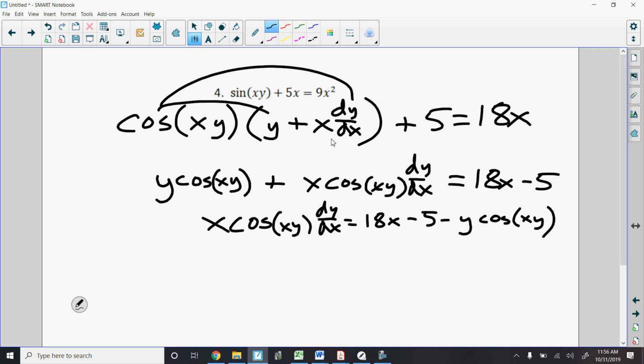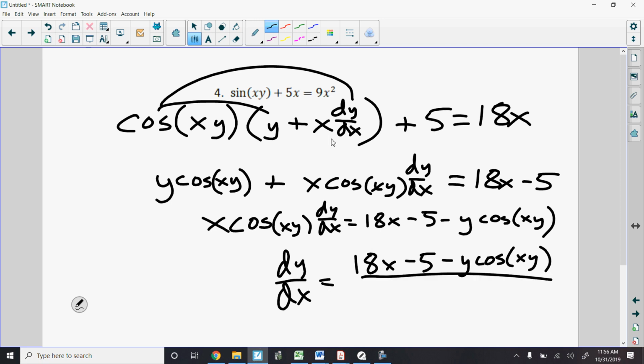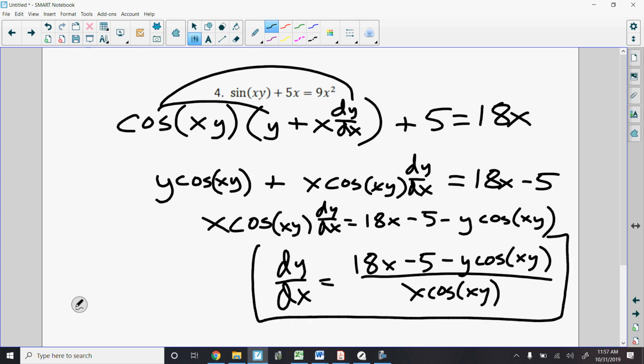I'm going to go ahead and divide by x cosine xy. There's my final answer. Again, taking a look in here, there's nothing that simplifies in that answer. Okay, let's take a look at the next one.